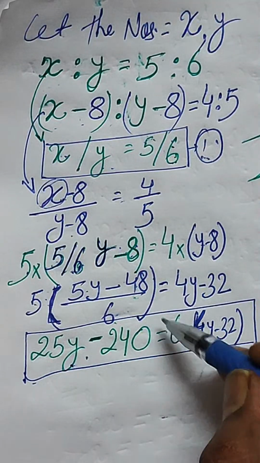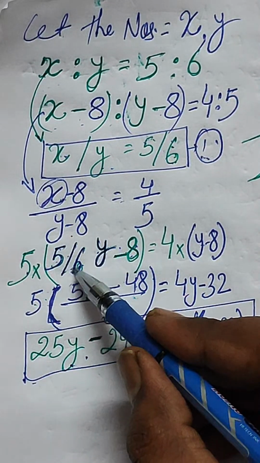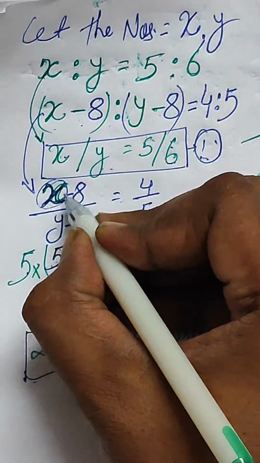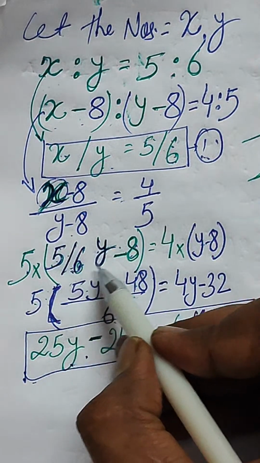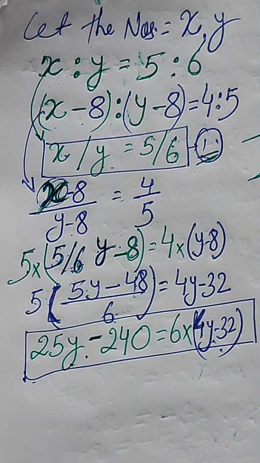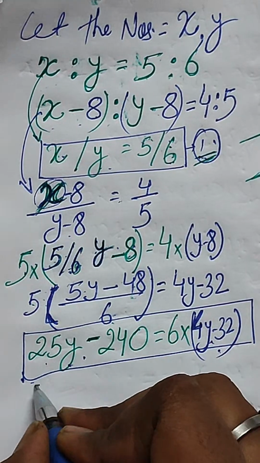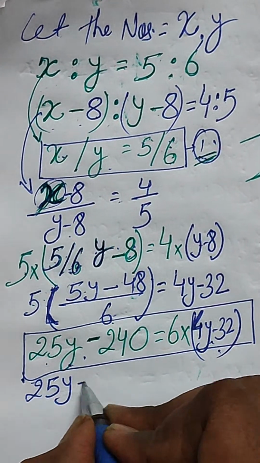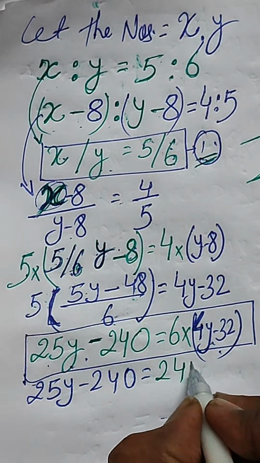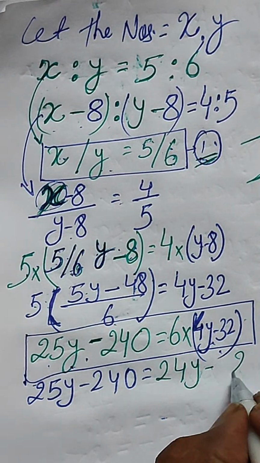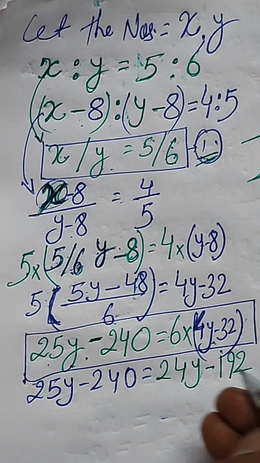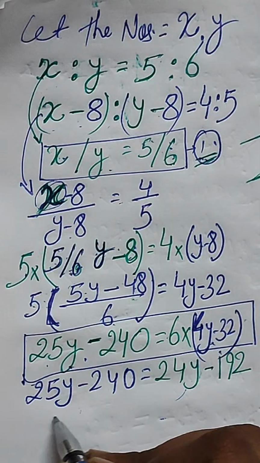So we substitute over here, in place of x, we put 5 by 6y using the relation, that is equation number 1. This will give you 25y minus 240 is equal to 24y minus 192, right?